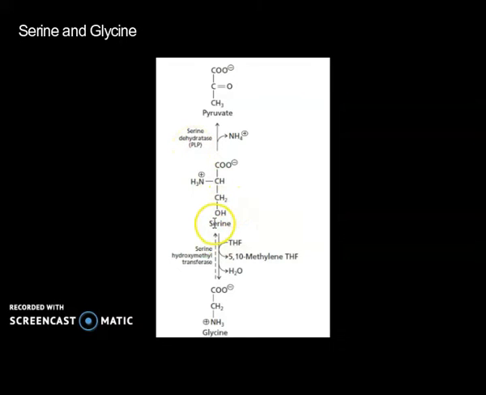Most serine, however, is converted to glycine by the action of serine hydroxymethyltransferase. This is the same reaction that results in synthesis of glycine in the biosynthesis pathway, and it is a reaction that produces 5,10-methylene tetrahydrofolate, or THF.